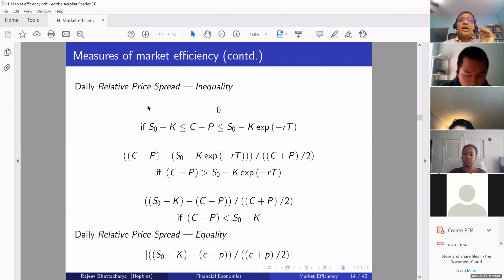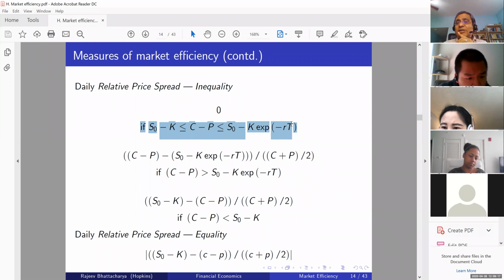All right, so for American options, remember the put-call parity is an inequality. So for the deviation from that, if it falls within the inequality, that's what the inequality of the put-call parity for American options is. It is 0.